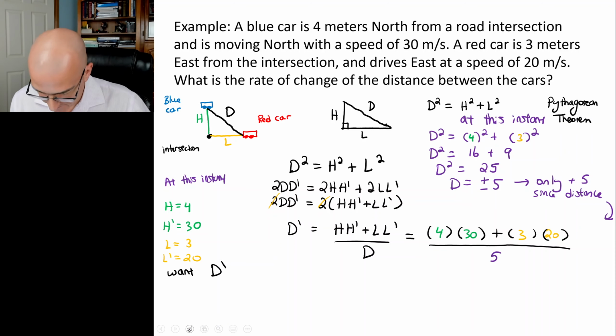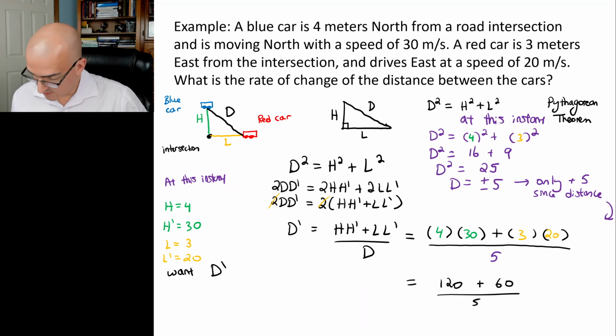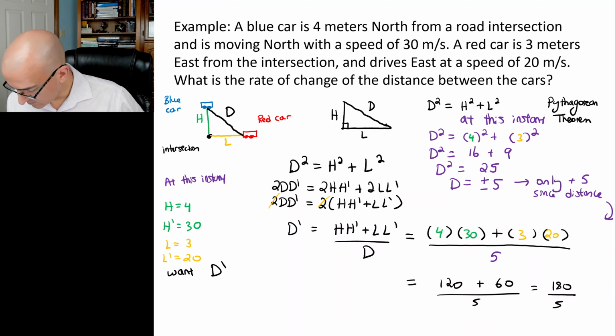Now let's simplify. 120 plus 60 over 5. 180 divided by 5. 36.